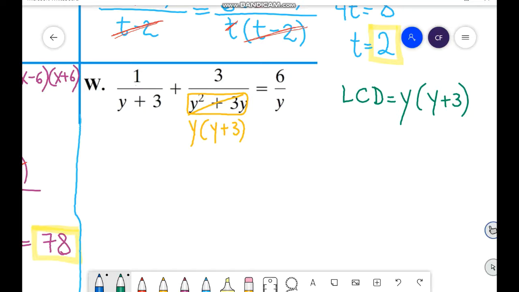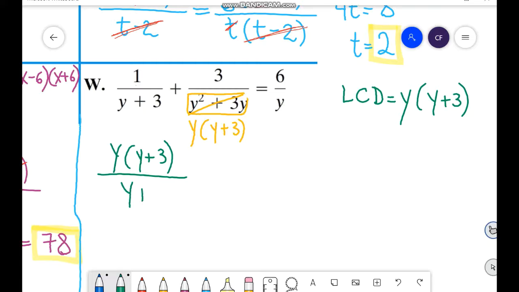Now we multiply the left and the right by the least common denominator. Multiply the whole thing by the least common denominator, okay? Multiply, and we will have the first term of this equation, 1 over y plus 3 times y over y plus 3.